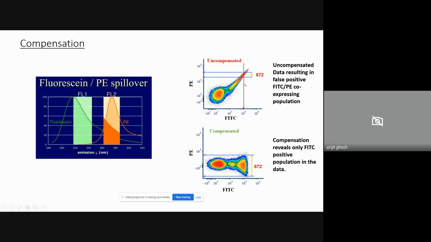That's why there is a false positive FITC and PE co-expression population. But when the data is compensated properly, it reveals that there are only FITC positive cells and no co-expressing populations. That's why compensation is needed to properly analyze your data.